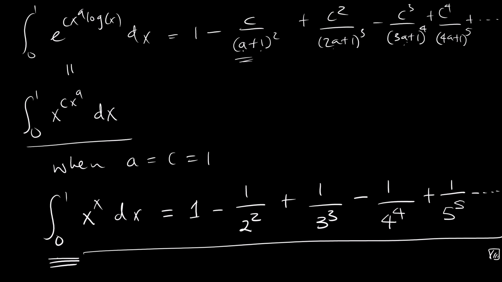It doesn't stop there. We can also look at other scenarios where obviously a is probably 1.